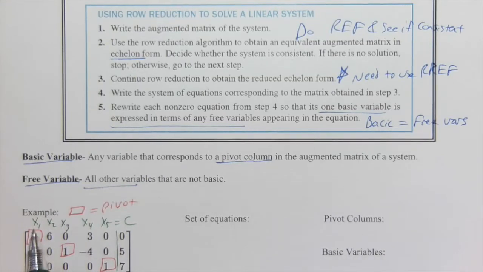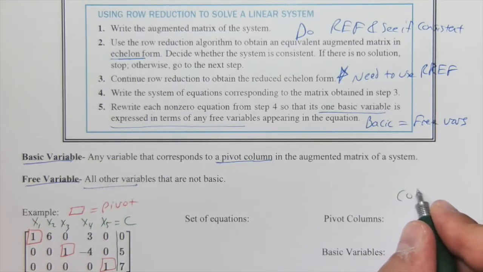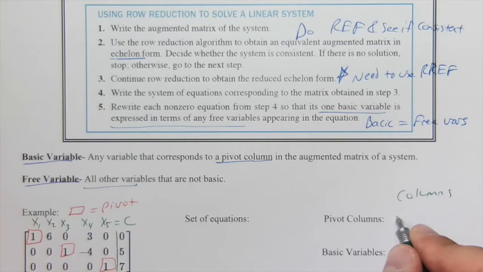So the pivots would be x1, x3, x5. So it's going to be columns 1, 3, and 5. Those are the pivot columns. And therefore, the basic variables are the variables that are associated with those columns. So x1, x3, and x5. So these columns tell us what the basic variables are.